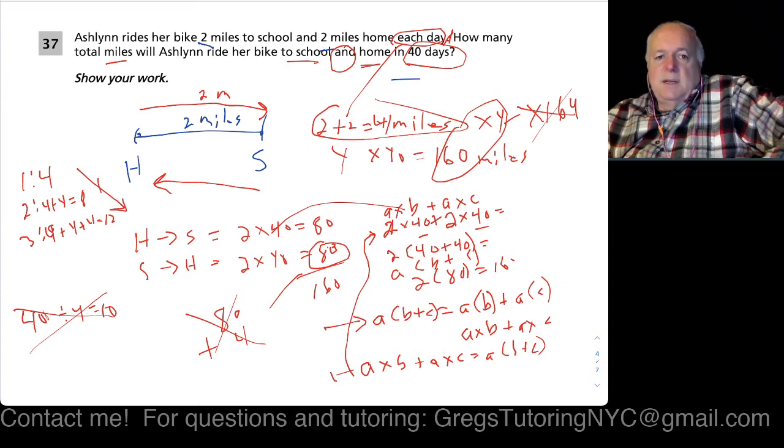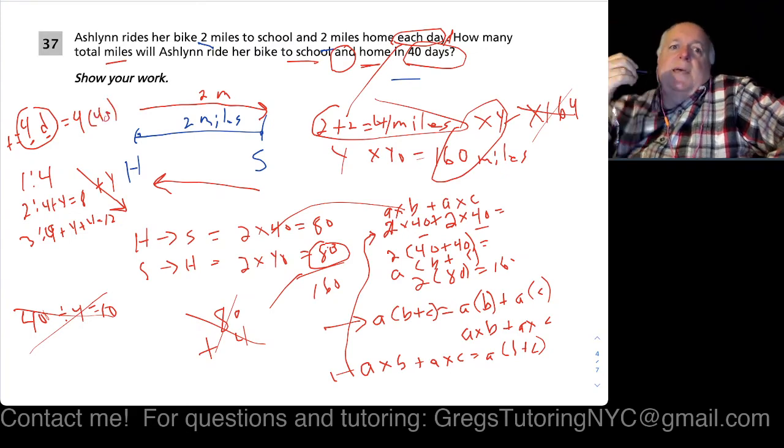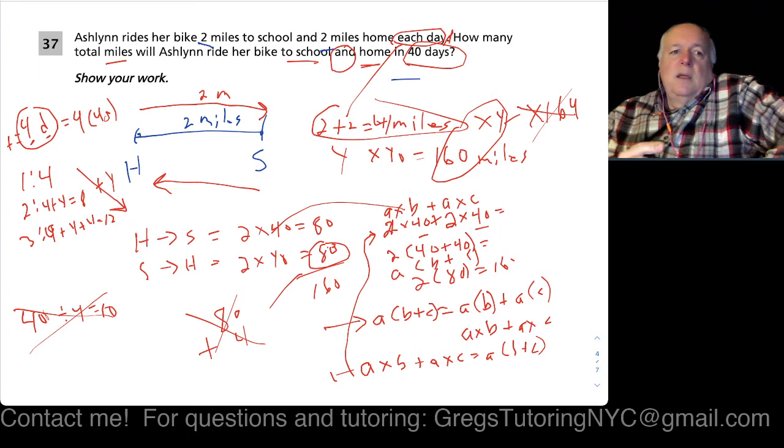So isn't it the number of days times 4, right? It's 4D. That's our formula. The total equals 4D. 4 times the number of days. So that would give us 4 times 40. And that's how we get the number 160. We're talking about this algebraically, symbolically, conceptually, right? We're solving real problems.